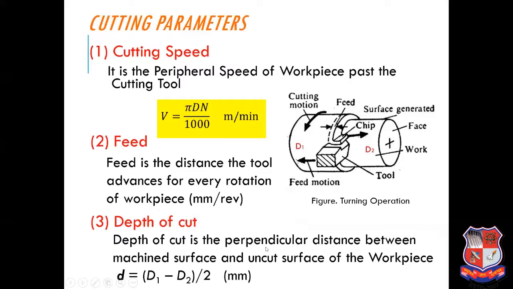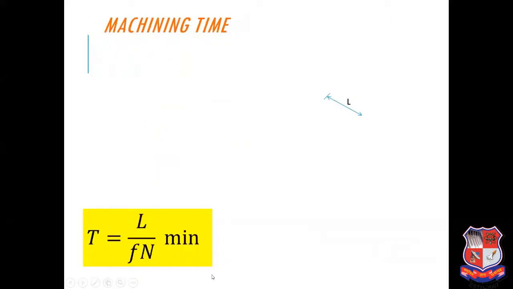Depth of cut is nothing but the perpendicular distance traveled by the tool from the unmachined surface D1 to the machined surface D2. And the job is circular, that is why it is divided by 2. So depth of cut, small d, is equal to (D1 minus D2) by 2. It is expressed in millimeter.